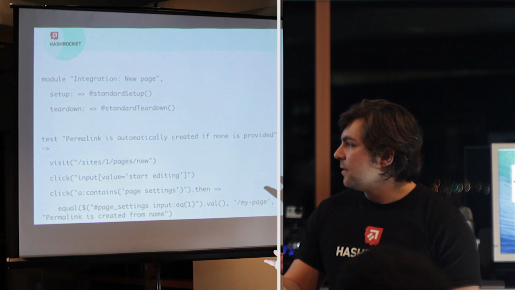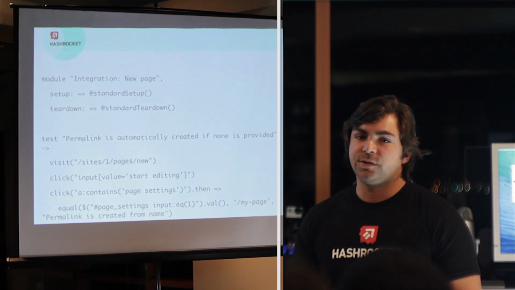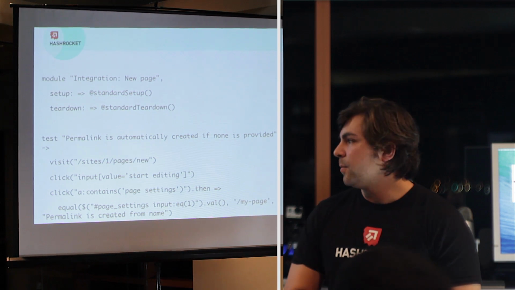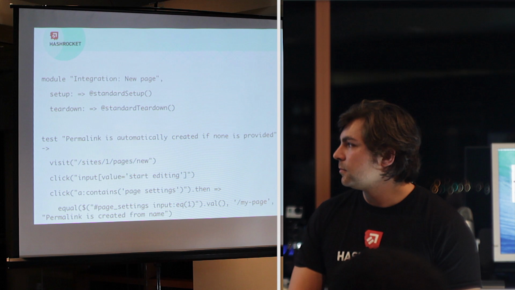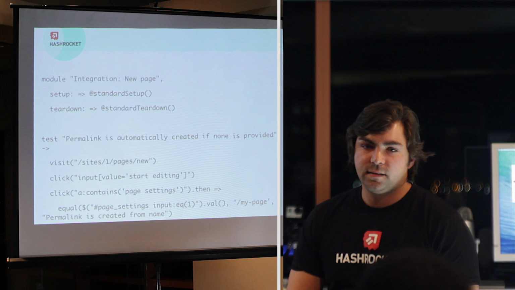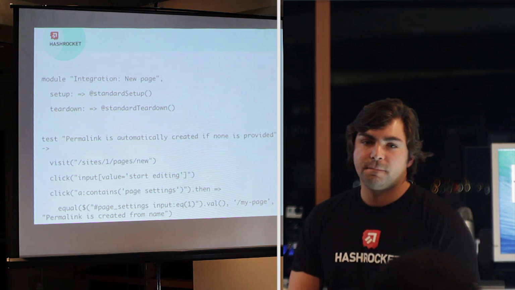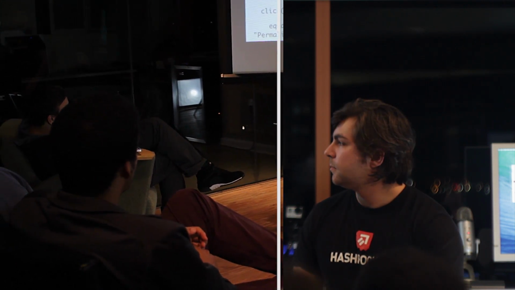It just waits for whatever happens, any asynchronous JavaScript, to finish. You end up using that a lot when you're writing tests. So when you click or go to page settings, it's just going to wait for whatever happens after that to finish and then do the assertion. Yeah, exactly.